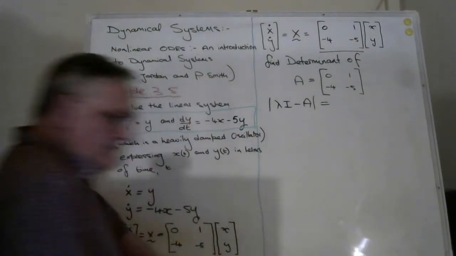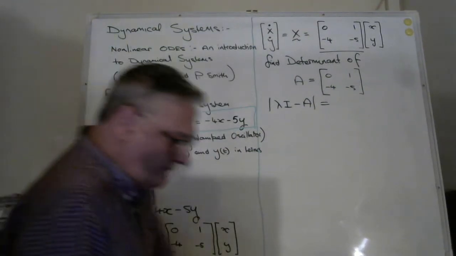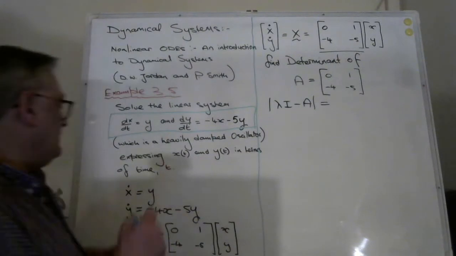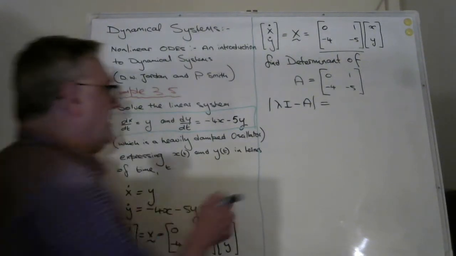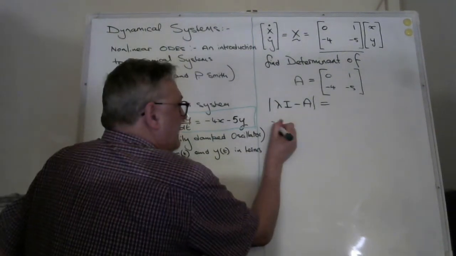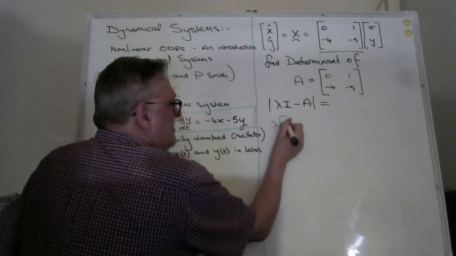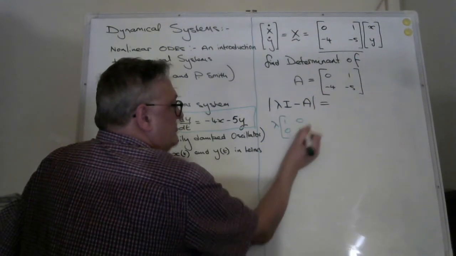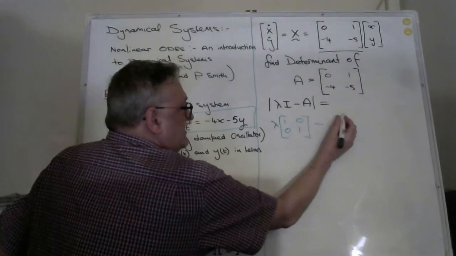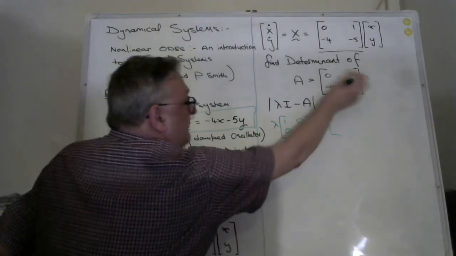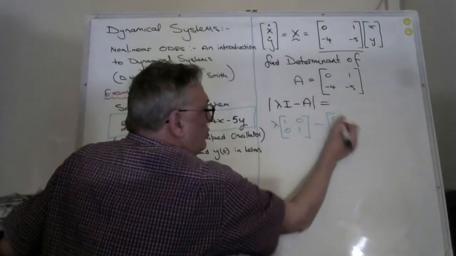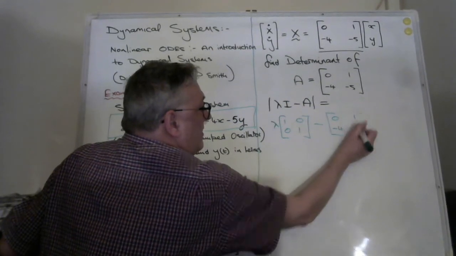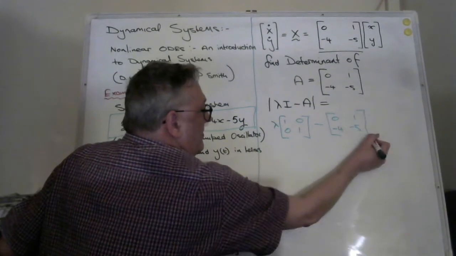Well, let me do a little bit of rough work on the side. Lambda I is lambda times the identity matrix minus this matrix A here.